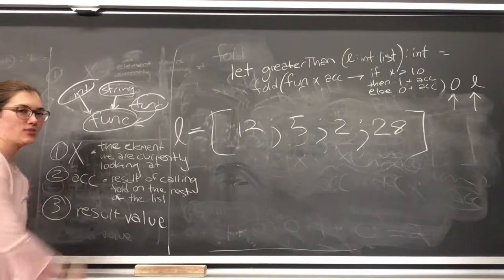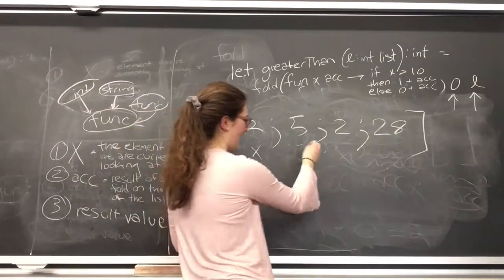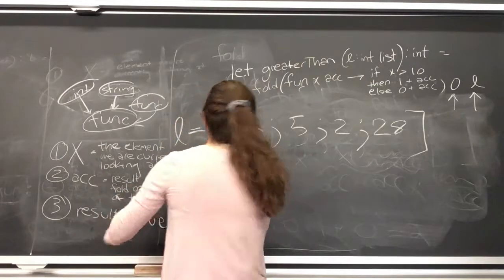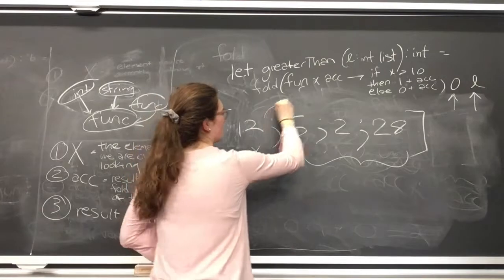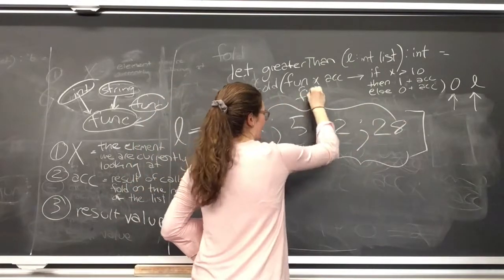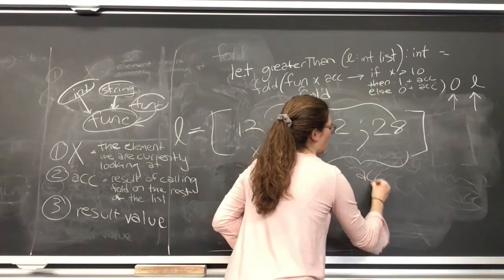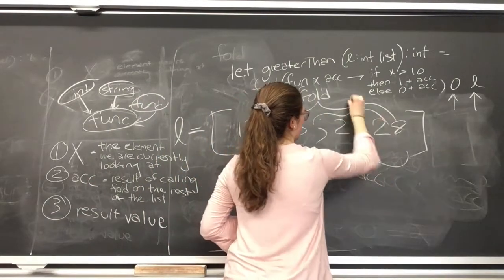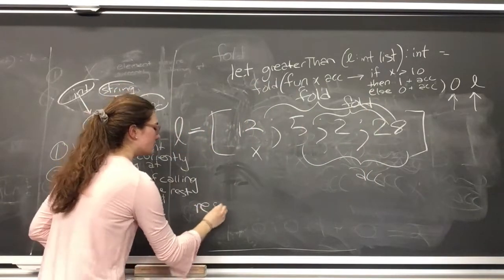Number 1, what is the element we're currently looking at? That's x, okay? 2, what is the acc value? So acc is calling fold on the rest of the elements in the list, right? So initially we're calling fold on this entire list, but our first acc value is calling fold on these elements in the list. Okay, 3, what's our return result value?